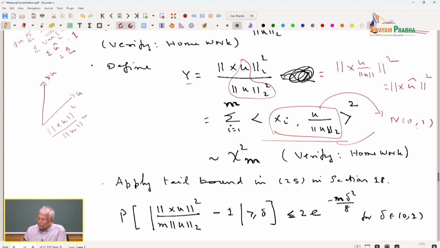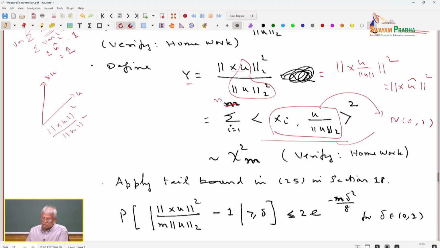Each of them belongs to the standard normal, zero mean, unit variance. If each of them is standard normal, we are interested in the sum of the squares. This must be n.